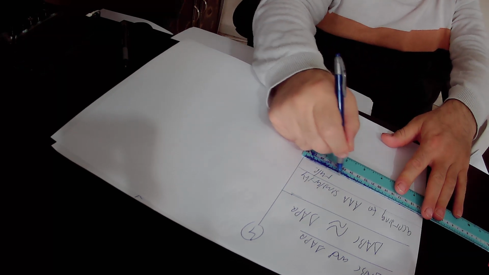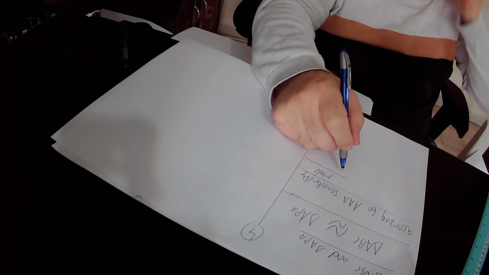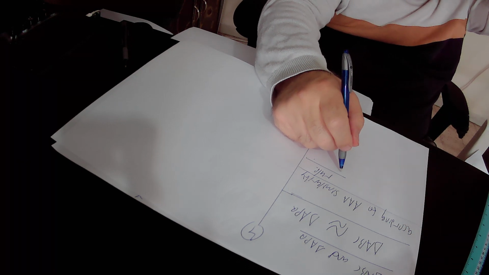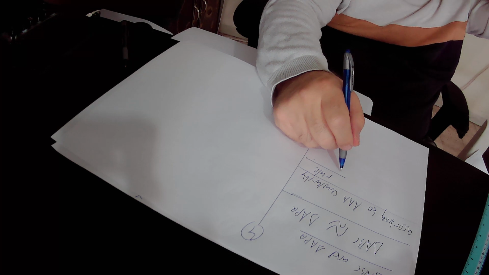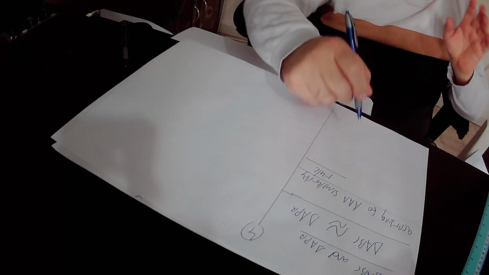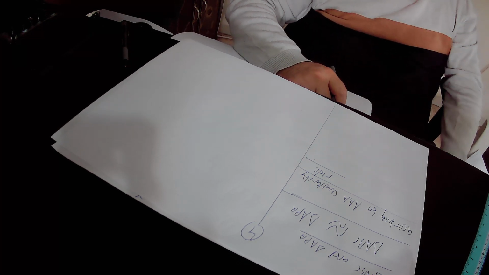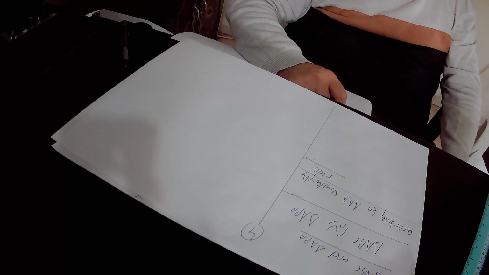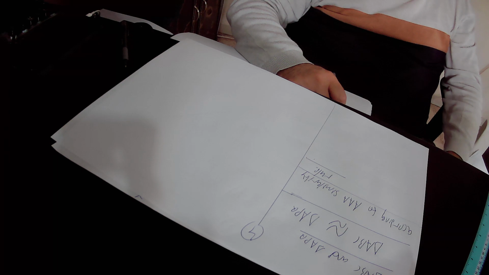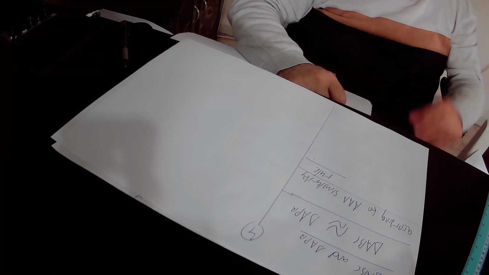And whenever you have two similar triangles, the ratio between their corresponding heights must be equal to the ratio between their corresponding sides.